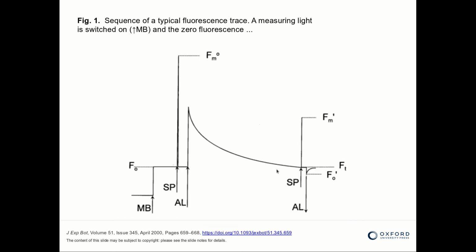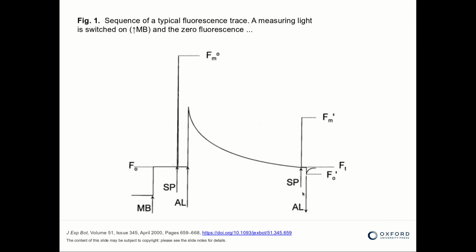And the fluorescence after the second saturating pulse, we'll call that FM prime, for maximal fluorescence, but prime, because this is a plant that's been in the light, and so it has some level of this non-photochemical quenching process going on.